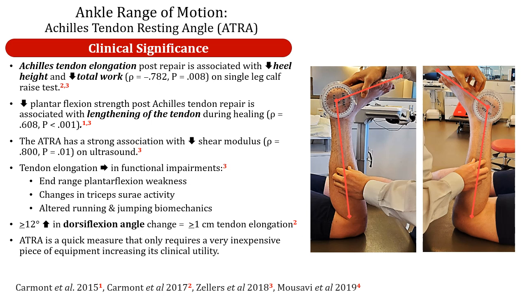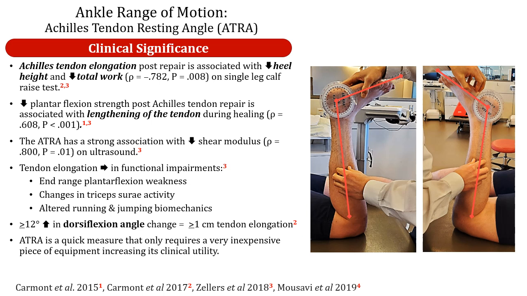The end range plantar flexion weakness is very difficult, and that's sometimes not able to be restored if there's an elongation of the tendon. Changes in the triceps surae activity has also been associated with this. Altered running and jumping mechanics because of the altered length tension relationship of the muscle and the myotendinous unit.